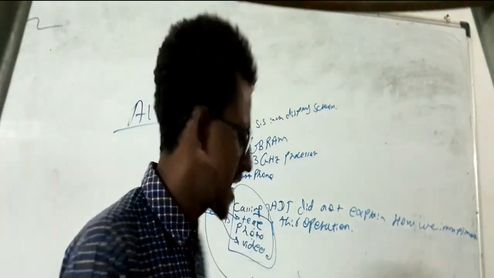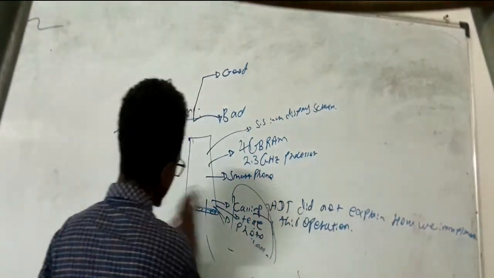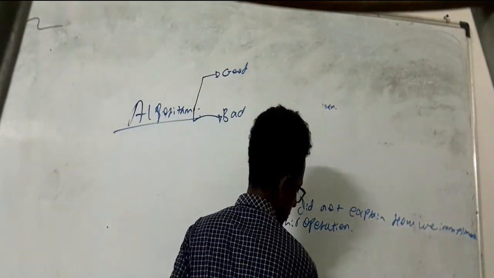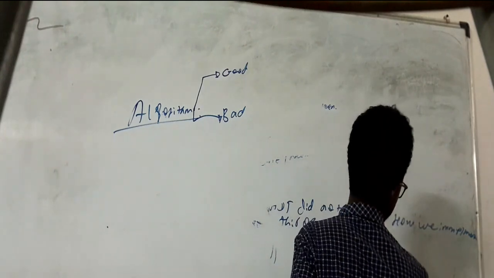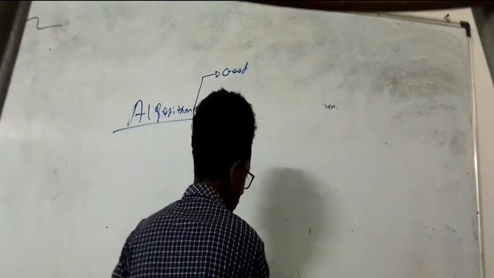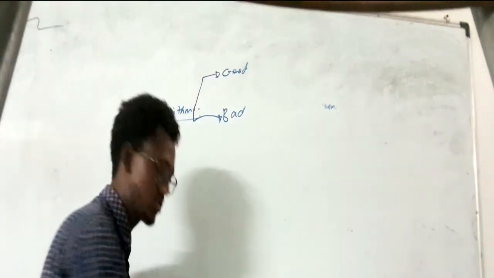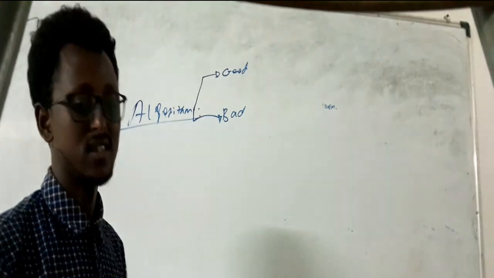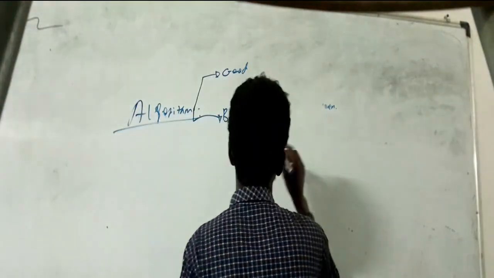What are the categories or classifications of data structure? We're talking about data as a whole, but there are different types of data in our real-world activities or scenarios. So the first one is the primitive data structure and the non-primitive data structure.